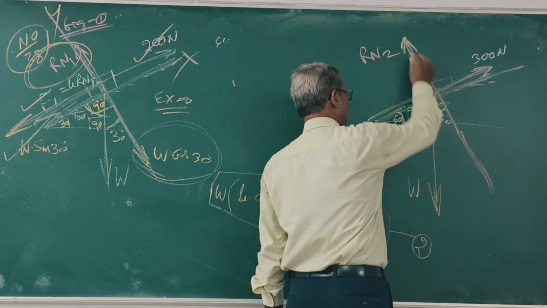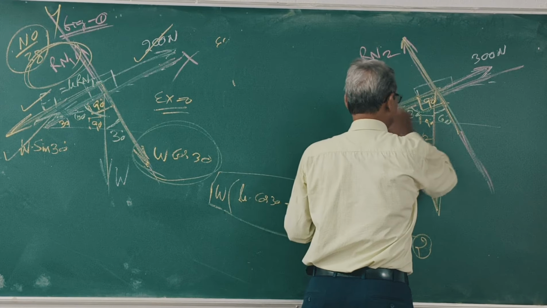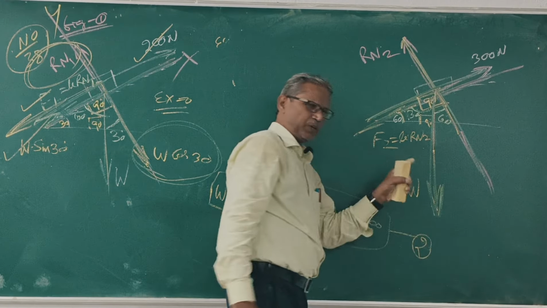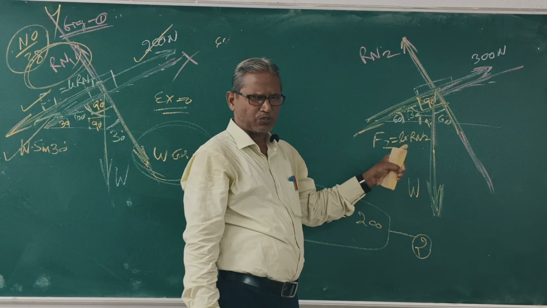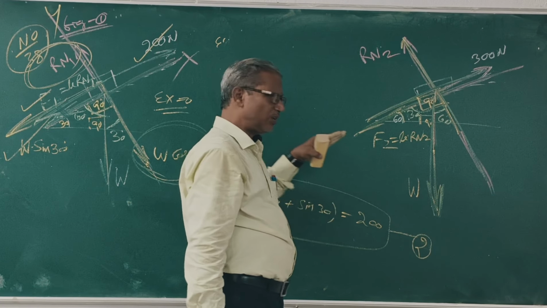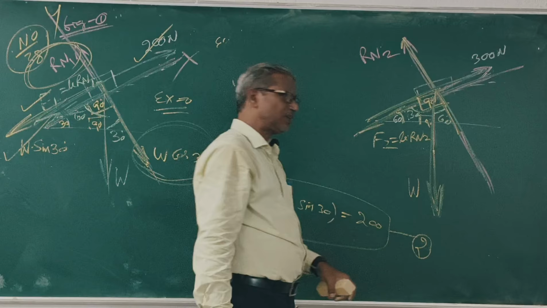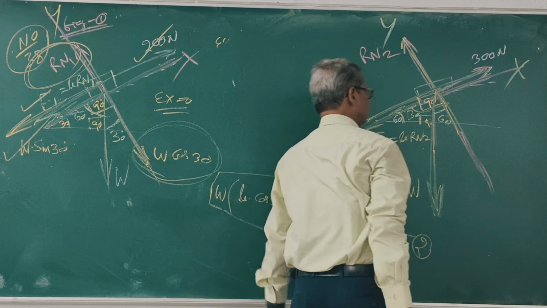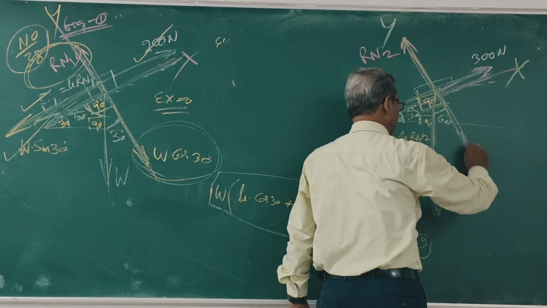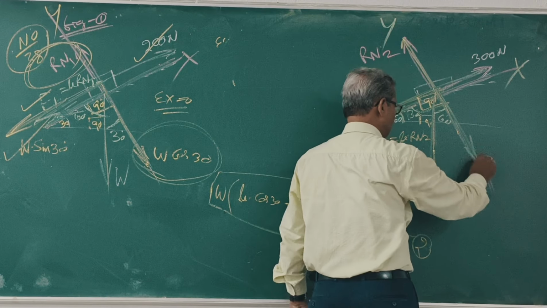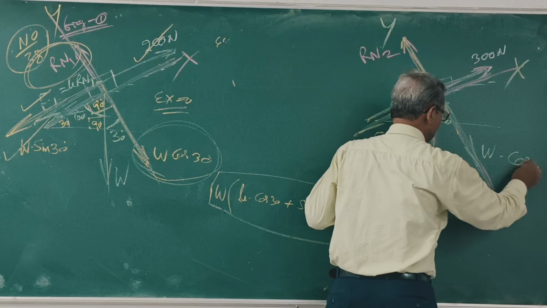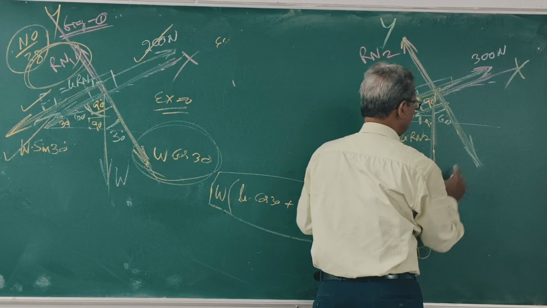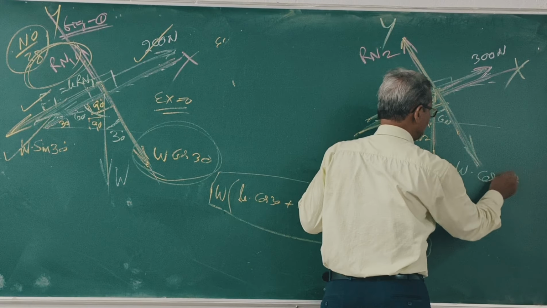Now this is the y-axis, this is the x-axis. This is an inclined force. For this figure, W is the inclined force. So resolve W along x and along y. What is W? This force W cos 60.